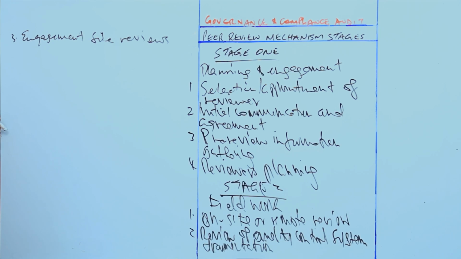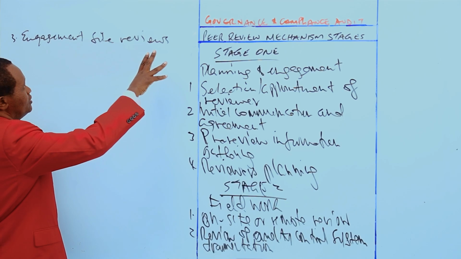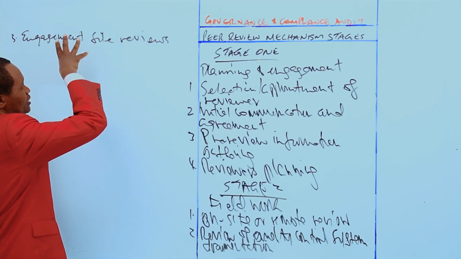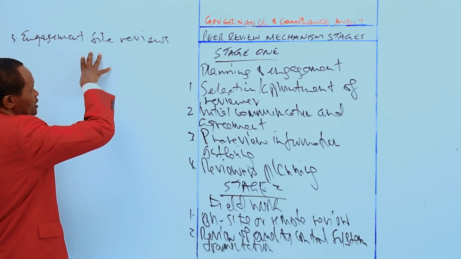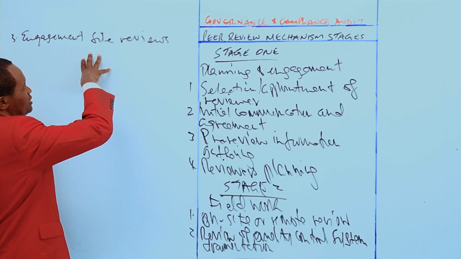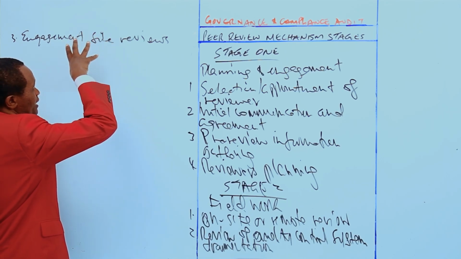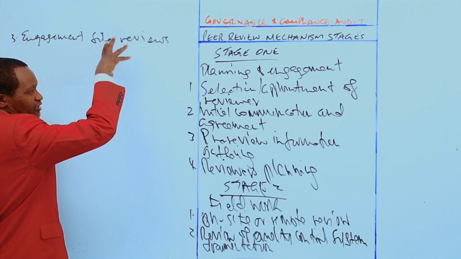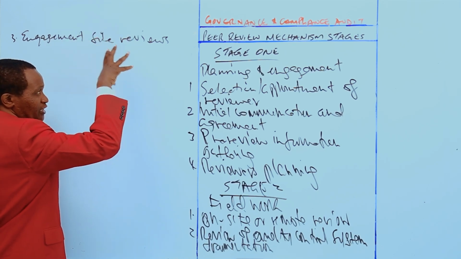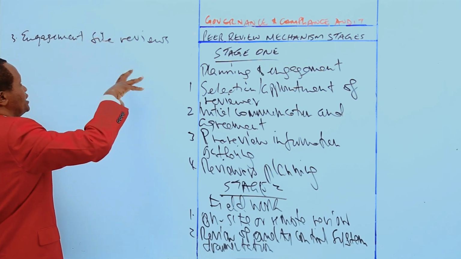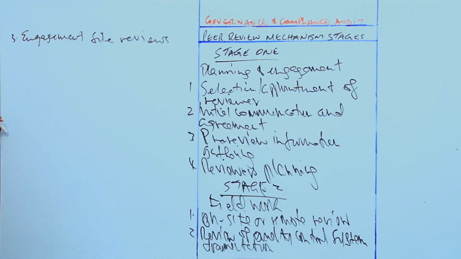It may include assessing the clarity, accuracy, and completeness of the governance and compliance audit reports that are issued. Engagement file reviews: you select several governance and audit engagements that were conducted by the reviewed entity, then go through the engagement files and identify all the areas of the engagement.